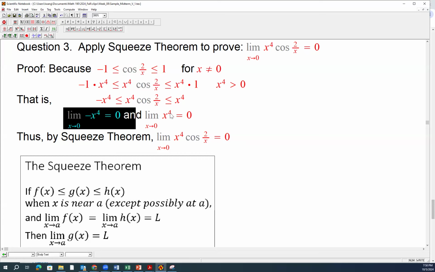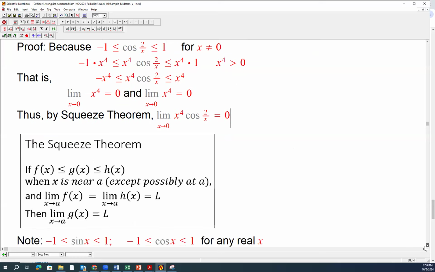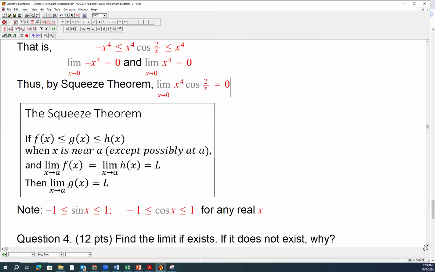This is to verify the second condition in the squeeze theorem, and then we can apply the theorem. When we apply theorems, we must make sure, and make it easy for the reader to tell, that the conditions of the theorem are checked and it applies before we apply the conclusion of the theorem. All right, so that's question number 3.